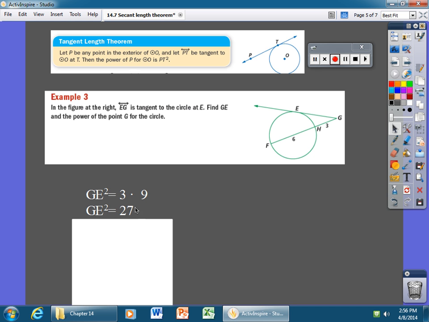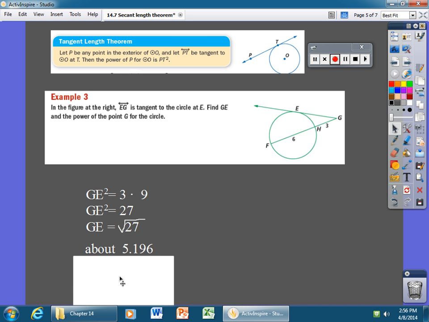I'm going to work it out. GE squared equals 27, so GE is the square root of 27, which is approximately 5.196. The power of this circle would be 27, because 3 times 9 is 27.